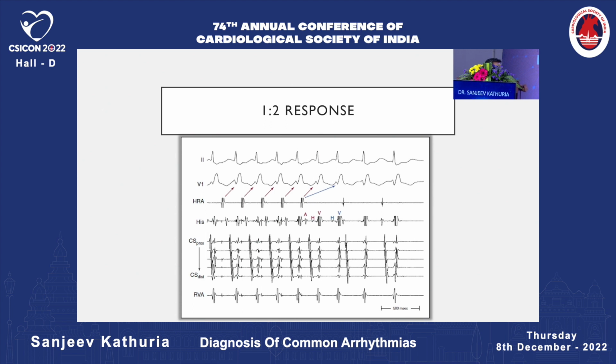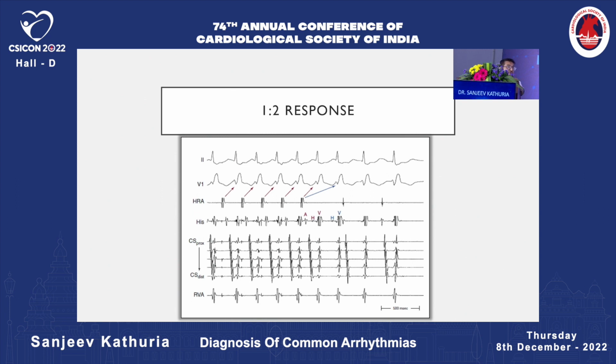This is a little interesting thing, a 1:2 response. See, in an AVNRT, what is basically there is that you go from the fast pathway and come back via the slow pathway and come back via the fast pathway. In a normal person, the pathway which is used retrogradely is the AV node, which is like a fast pathway, so the slow pathway does not ascend back, so we don't have a tachycardia in that case.